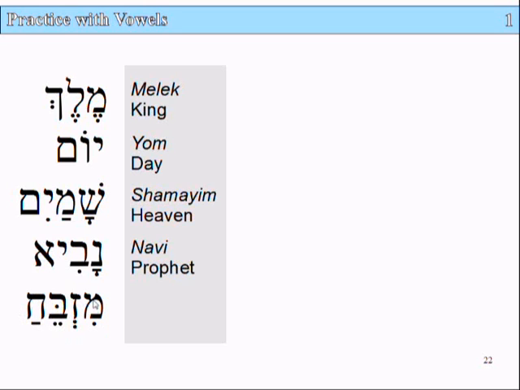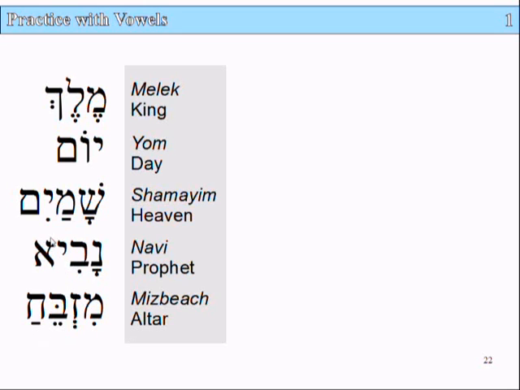So here we have mizbeach, which means altar, like a brazen altar where you do the sacrifices, and it comes from the root there, zavach, to sacrifice.